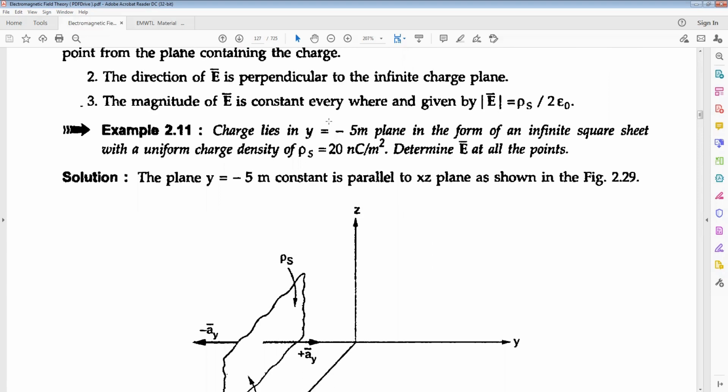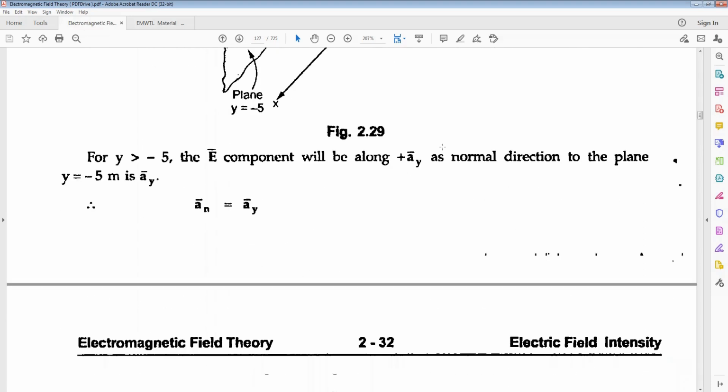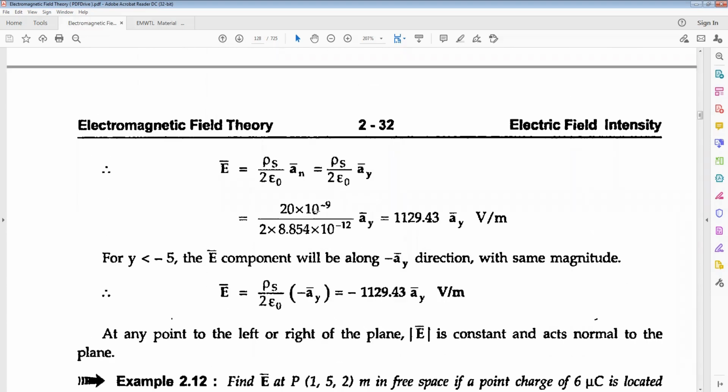What is the rho s given? 20 nanocoulomb per meter square. 20 into nano is 10 to the power minus 9, and 2 into epsilon naught is 2 into 8.854 into 10 to the power of minus 12. Substituting that, you get E bar equal to 1129.43 AY bar volts per meter.